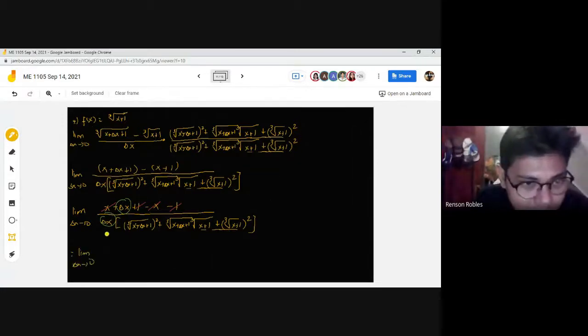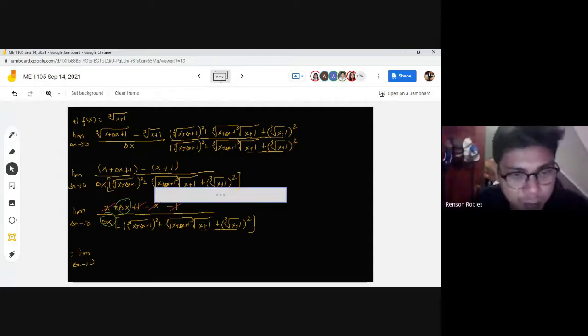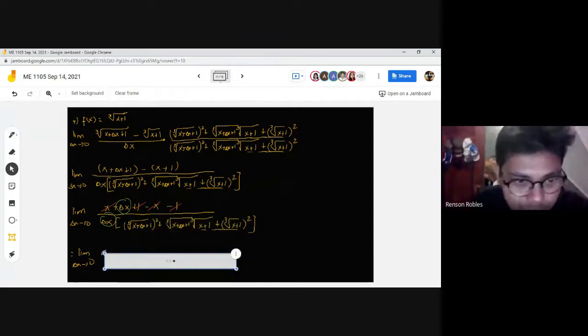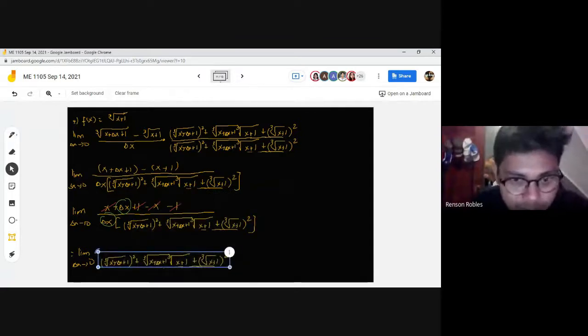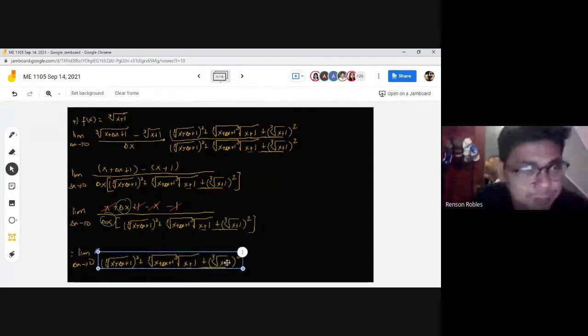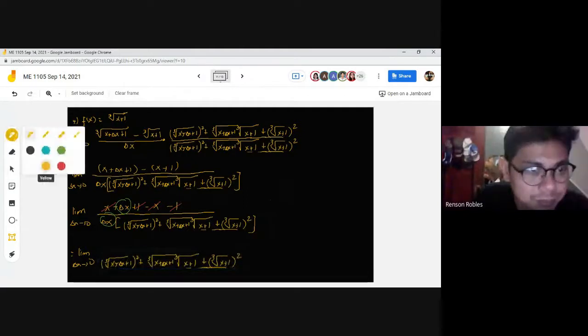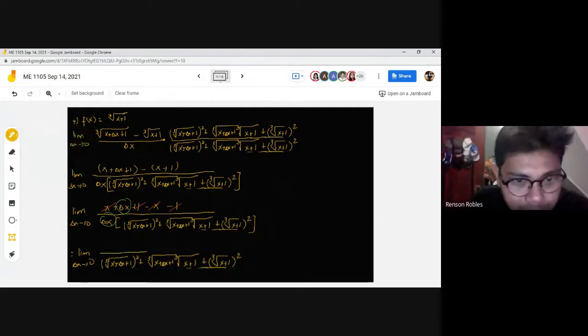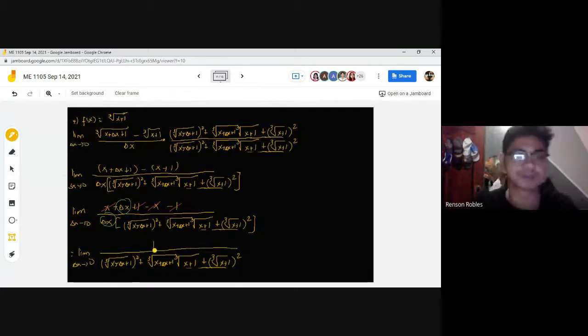The delta x is gone there. And then we'll just place this on the denominator. Then what would be the numerator? The numerator will now become, since that is gone, 1. Okay? Then we copy again so that we are now ready to replace. Will it fit here? I think it fits.